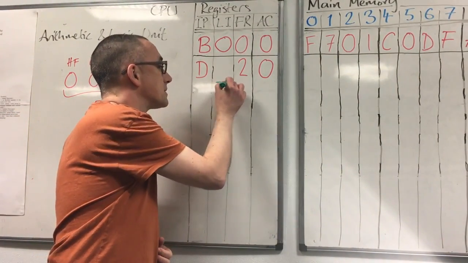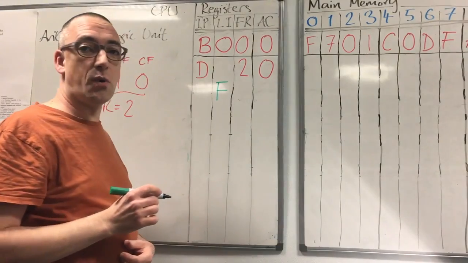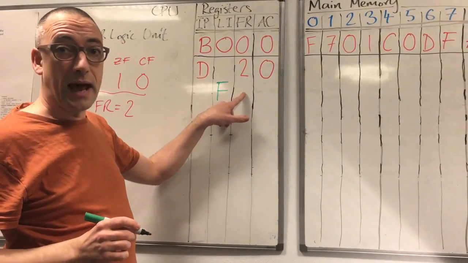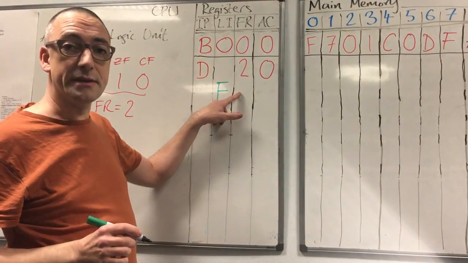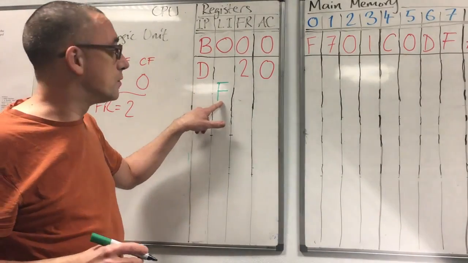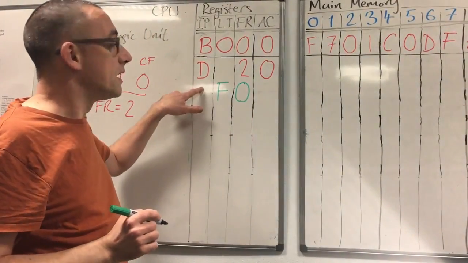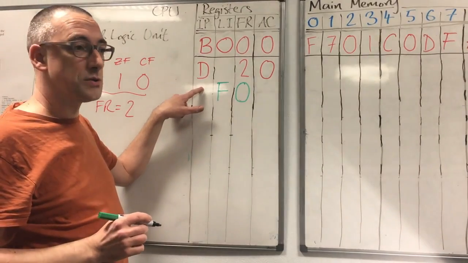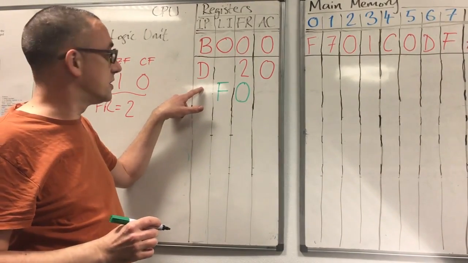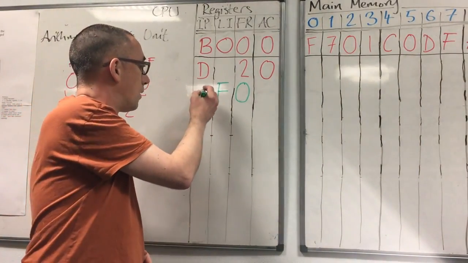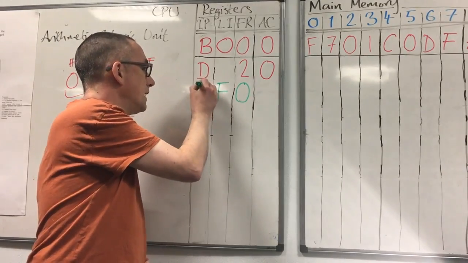So the loop index becomes -1. The 0 flag must be cleared because F is not 0. So the flag register goes back to 0, and the instruction pointer goes up by the size of the instruction. That's 1, so we go to E.